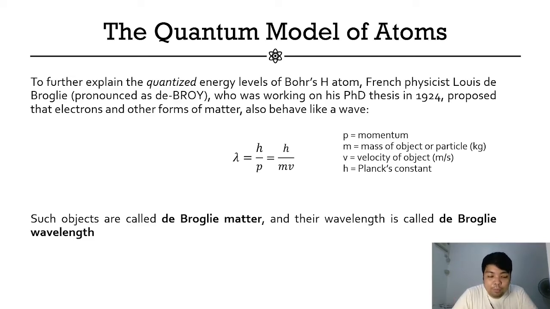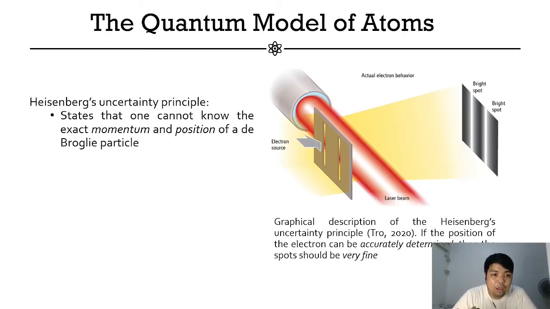Now, one rule that every de Broglie matter follows is that we cannot exactly know the momentum or the velocity and the position of a de Broglie particle at the same time, and that principle is what we call Heisenberg's uncertainty principle.